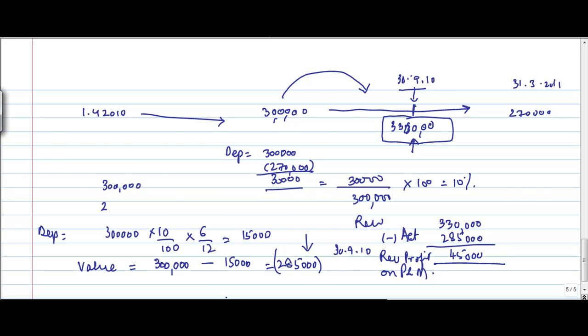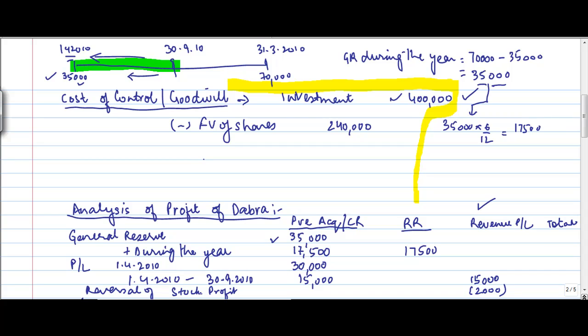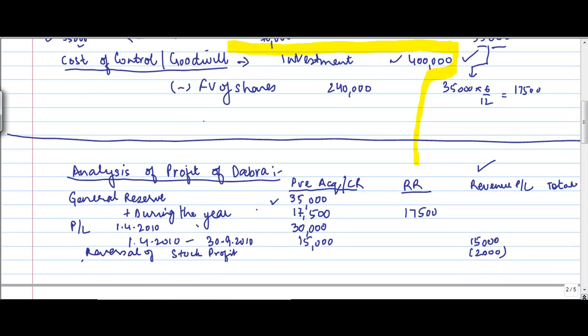Right? Where do I have my P&L analysis? Unfortunately, I'm not left with some space here, so I'm just using this top portion. Oh, let me see. Well, I do have some space. So there is capital profit on revaluation of plant and machinery.